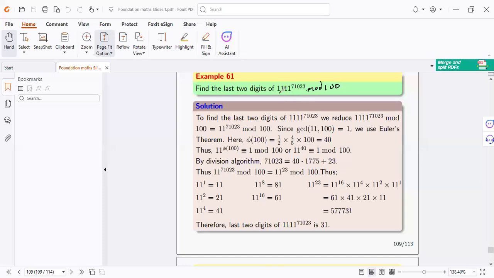Now, this number is relatively prime to 100. Use the Euler theorem straight away. The first thing you do is to realize that this number is bigger than 100 and reduce it mod 100. So if 100 were to go here, the remainder will be 11.